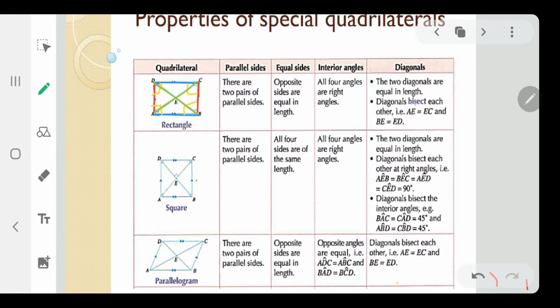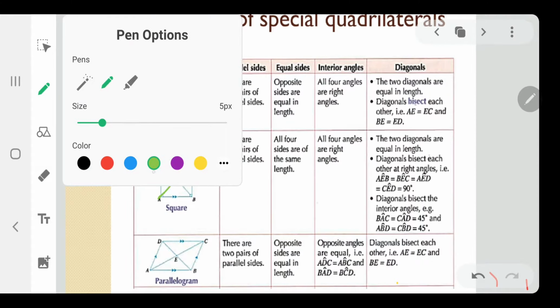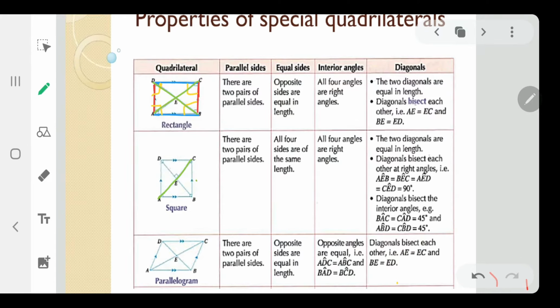Diagonals meet at a point E. One diagonal, and we can have the second diagonal. Both these diagonals meet at the point E and they make a 90 degree angle at E, right?